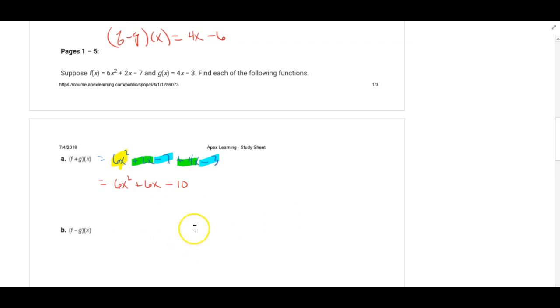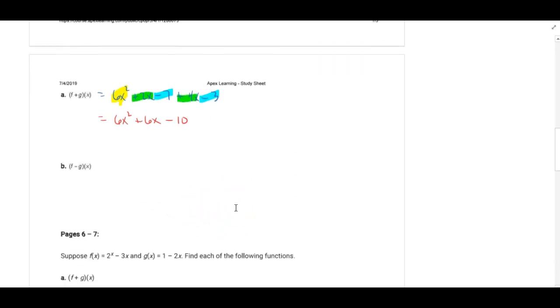Now when I subtract them, right, I would get f of x would be 6x squared plus 2x minus 7, then minus 4x minus 3.